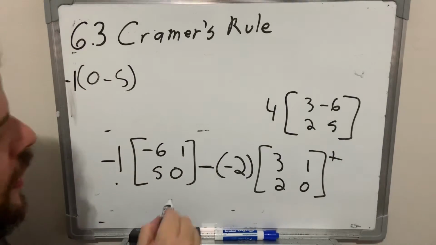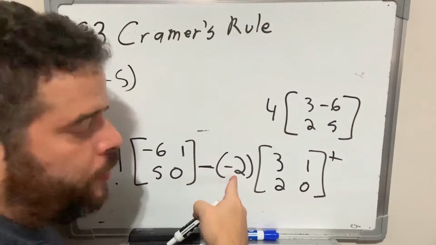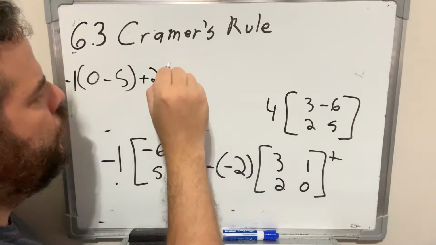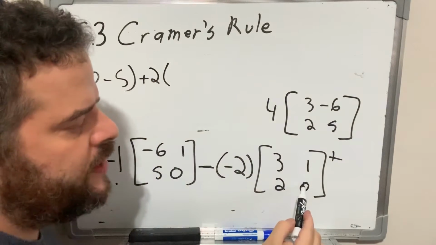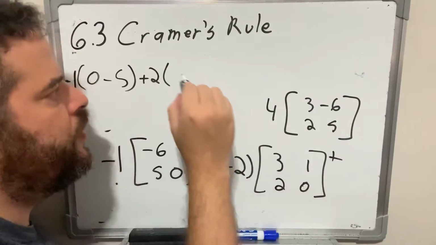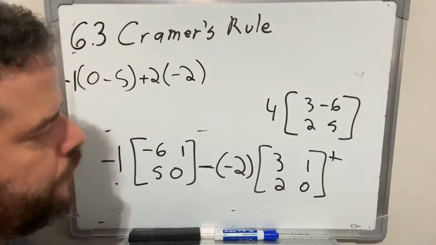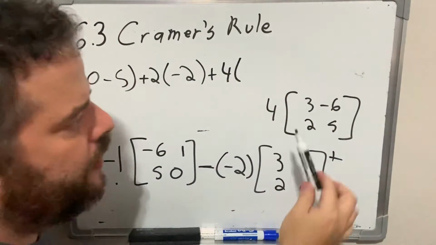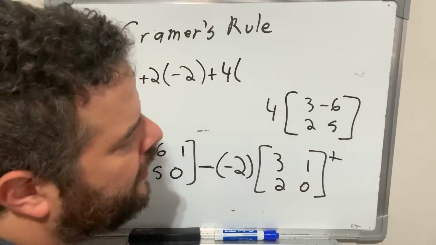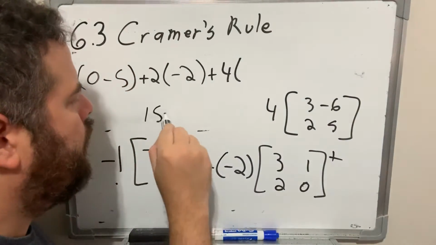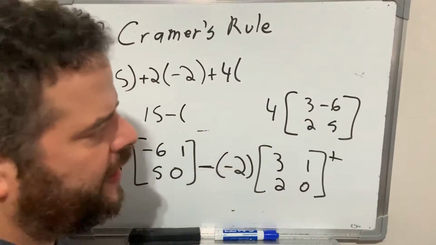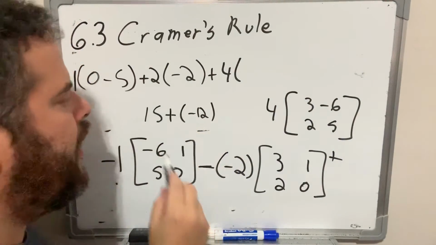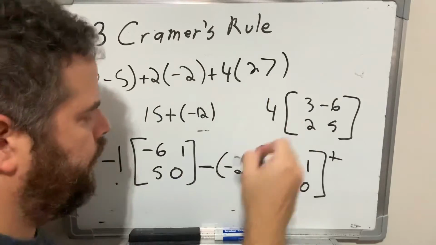Then -2 becomes 2, so I'm going to add 2 times 3 times 0 is 0, minus 2 times 1 is 2, so -2. And then plus 4 times the determinant of this matrix. 3 times 5 is 15, minus 2 times -6 is -12. 15 minus -12 turns positive. 15 plus 12 is 27.